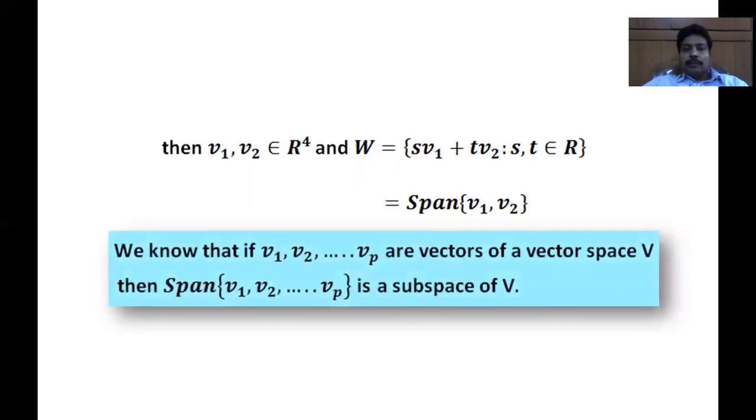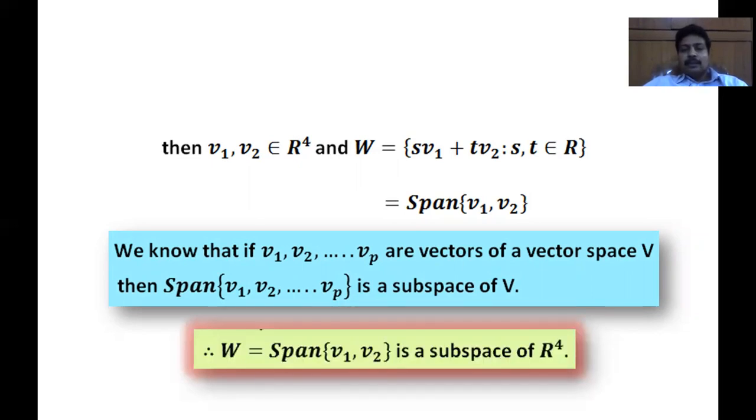So again, from our previous statement, if v1, v2 and so on vp are vectors of a vector space V, then the span of the set v1, v2, vp is a subspace of V. So by using this statement, we can say that span of v1, v2, which is denoted by W here, is a subspace of R4.